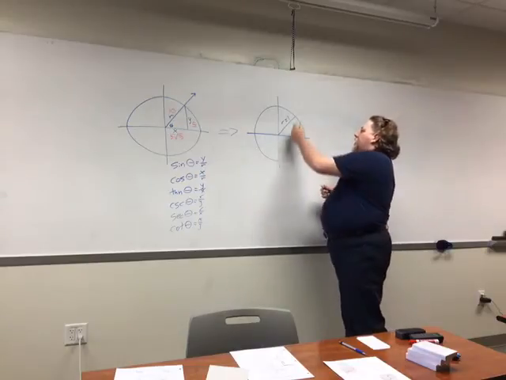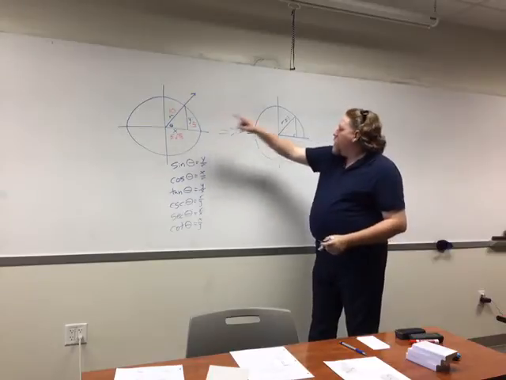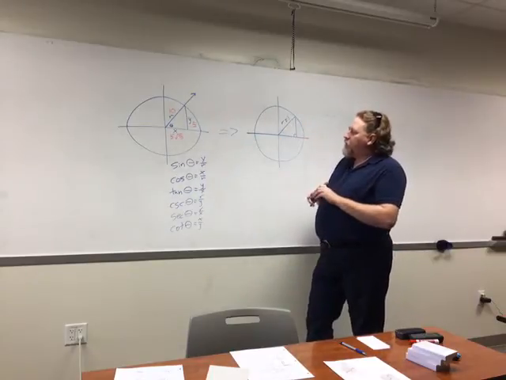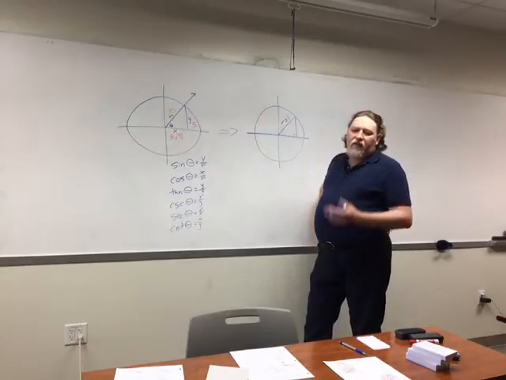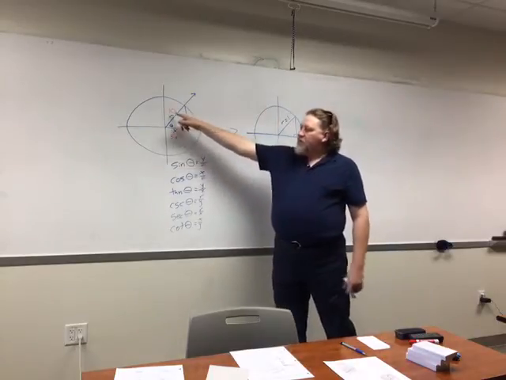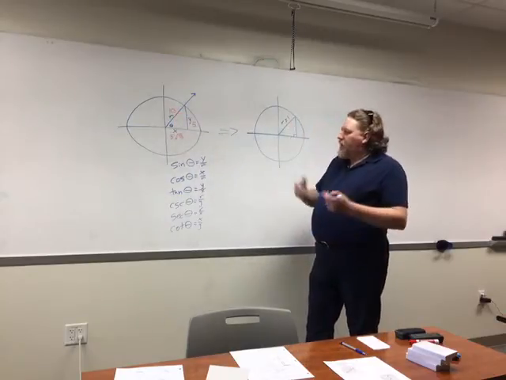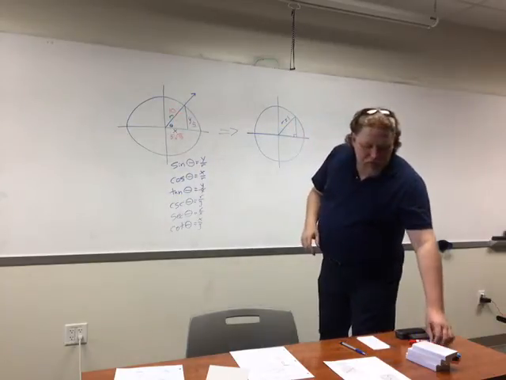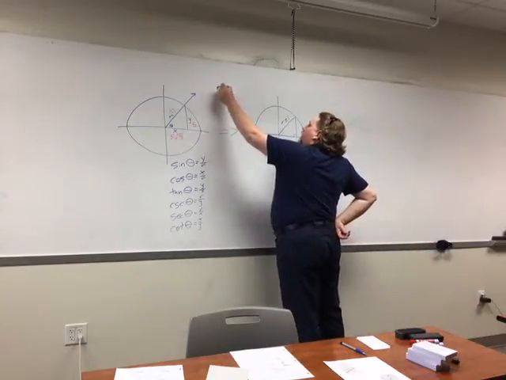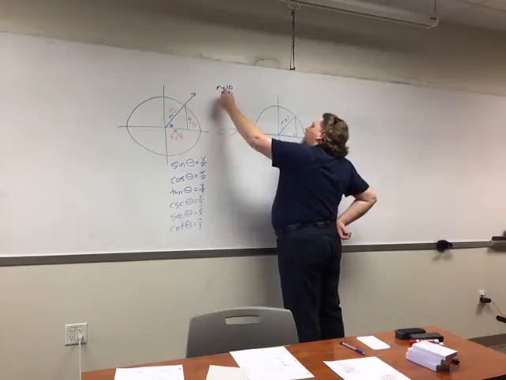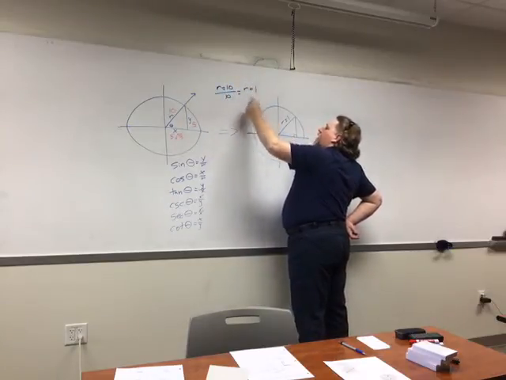But how do we rescale? What should I do mathematically so that that 10 becomes 1? Well, the easiest way to turn this 10 into 1 is if I divide by 10. So 10 divided by 10 equals 1. And so now I'm going to do the same thing with each of the other parts. The old radius was 10, but I'm going to divide it by 10 and get a new radius of 1.